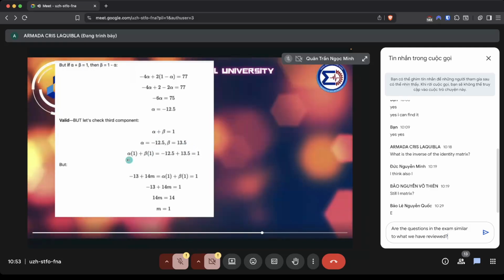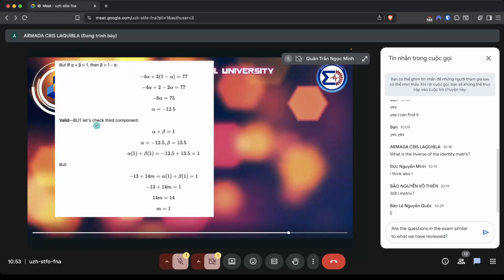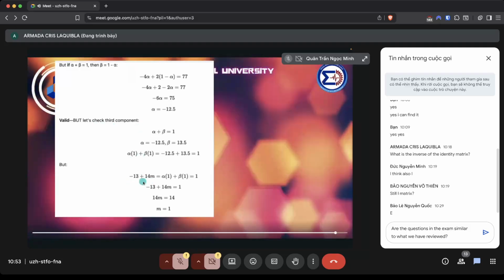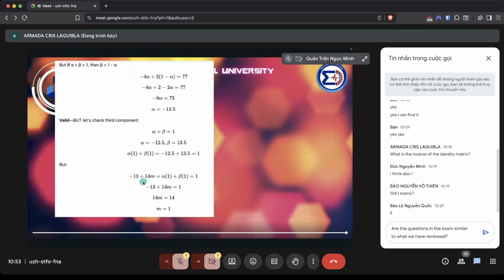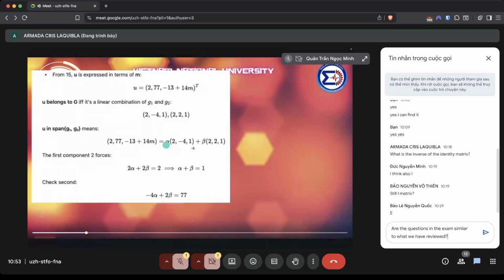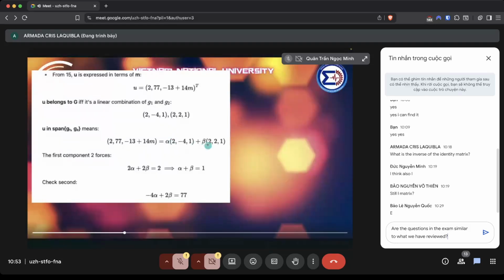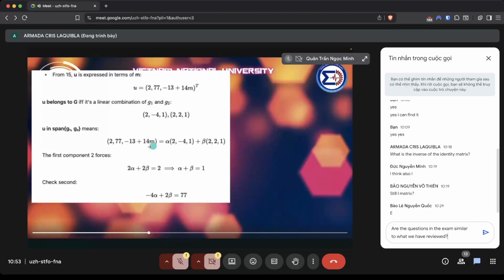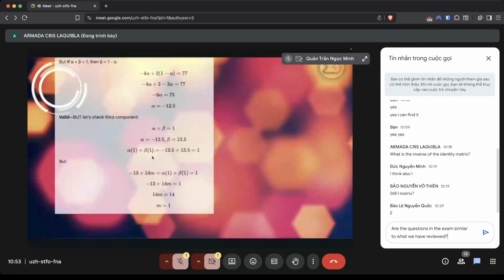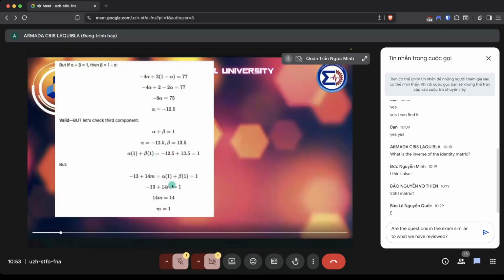And then what to do? You check the third component. For the third component class, you have there negative 13 plus 14m. Your alpha is 1, alpha times 1, and then plus beta times 1. So your negative 13 plus 14m is equal to alpha plus beta. Okay.